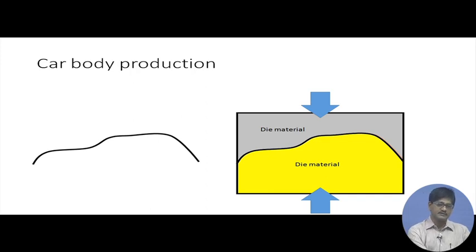These die materials can be very hard, of high strength, temperature resistant material, and it will be difficult to remove material from a block and obtain these 2 die faces.